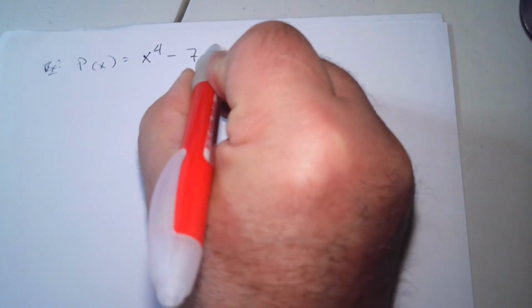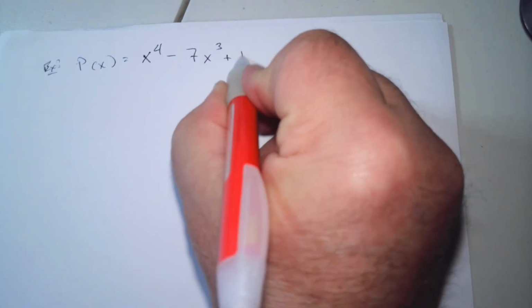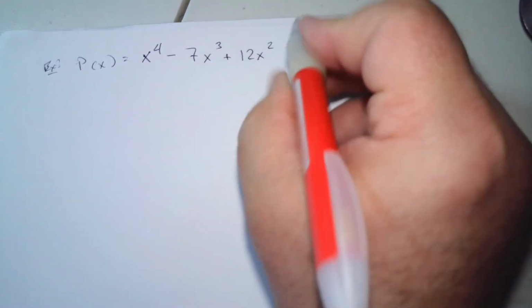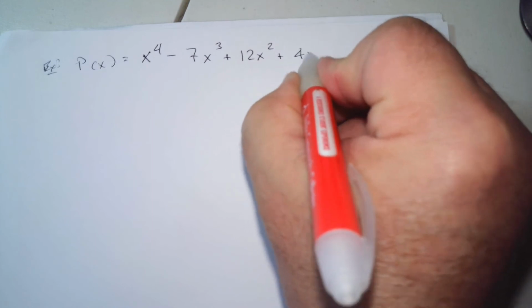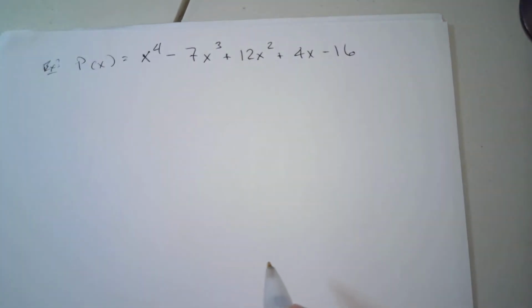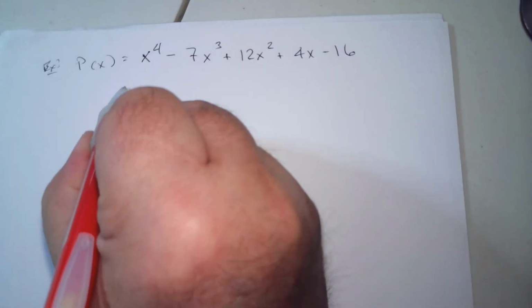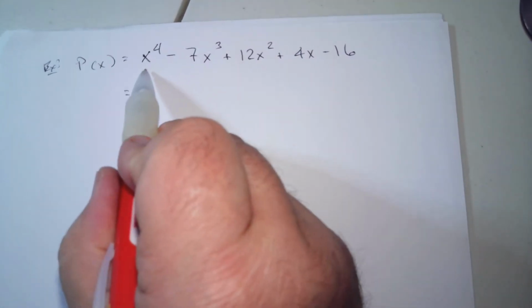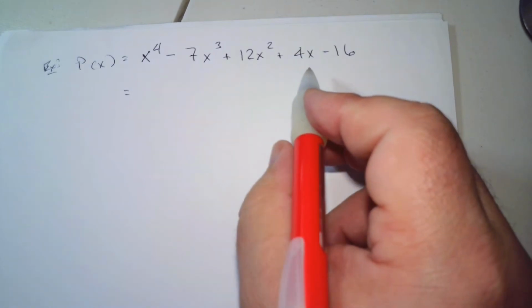This is another example. P of x is equal to x to the 4th minus 7x cubed plus 12x squared plus 4x minus 16. For right now, I'm going to give you the factors of these.